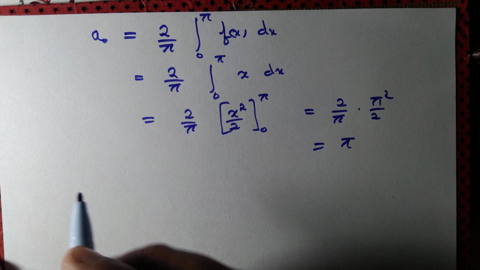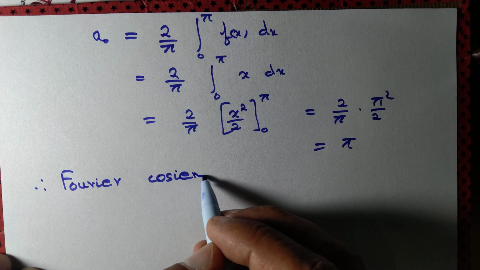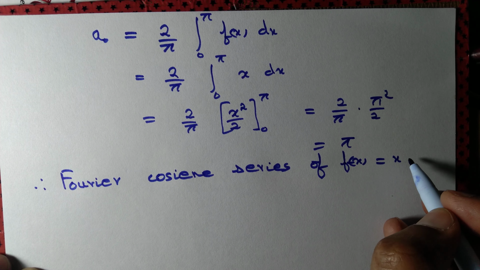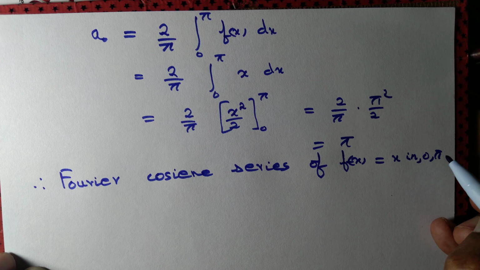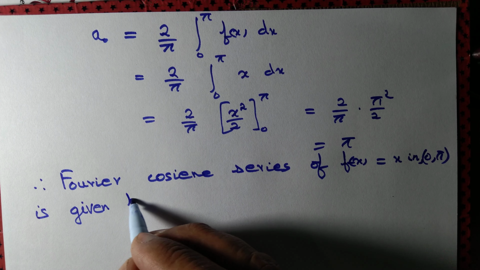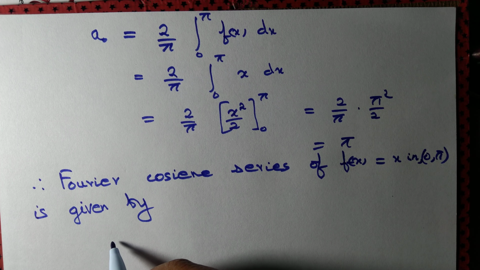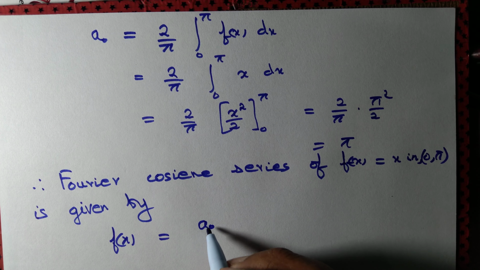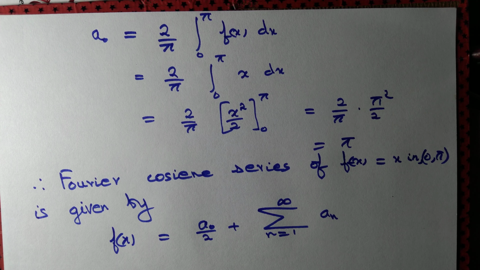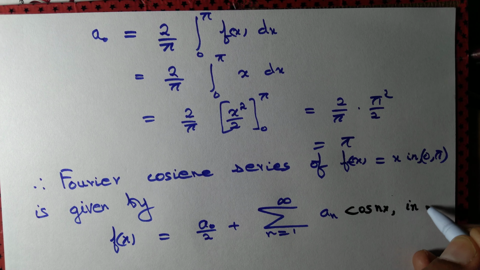Therefore, the Fourier cosine series of f(x) equal to x in the interval 0, pi is given by f(x) equal to, let's write the formula once again, a0 by 2 plus summation of n goes from 1 to infinity an into cos nx, of course in the interval 0, pi.